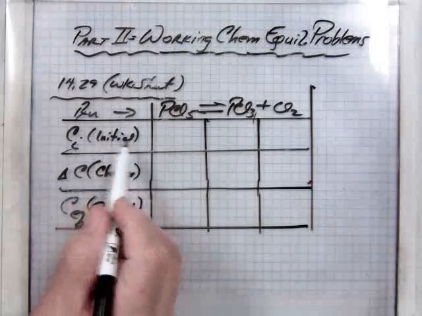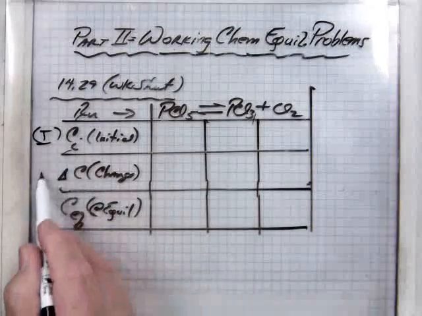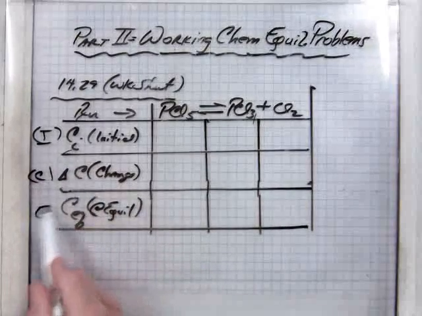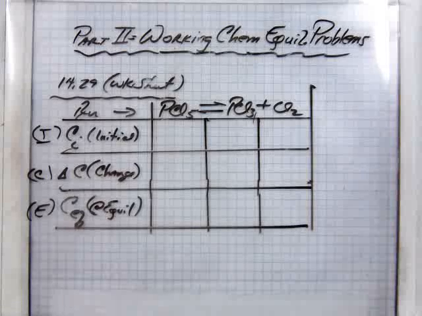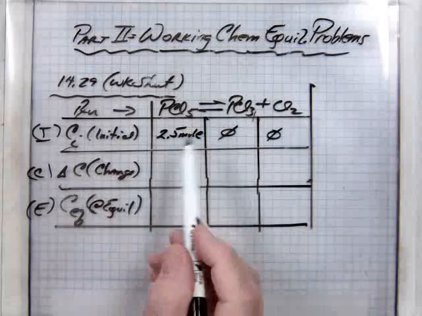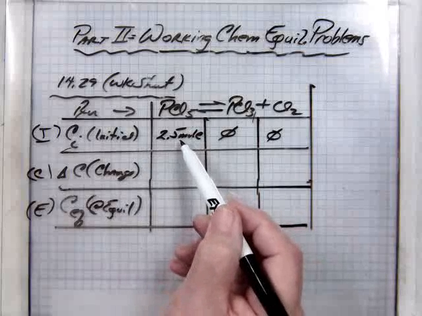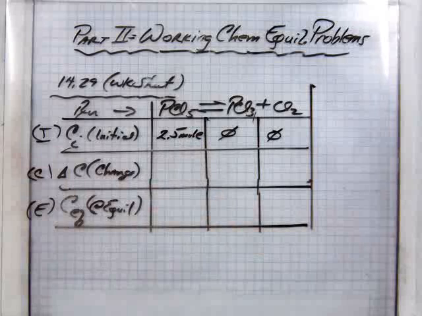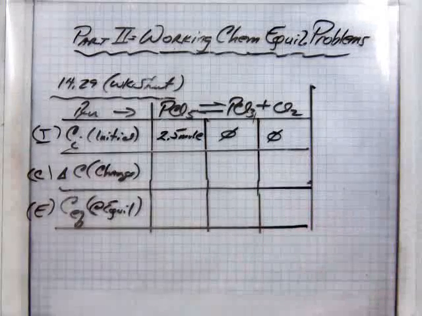That is initial concentrations, I, then your change, C, and your equilibrium conditions, E: ICE table. That's where it comes from. Now, nothing's happened yet, so the amount that is produced, the concentration or the mole number, is 0.